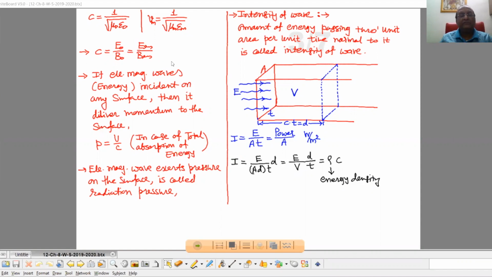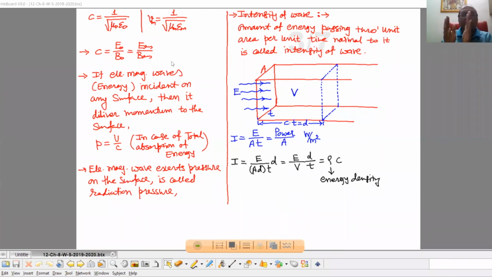Clear? Now, if an electromagnetic wave is incident on any surface, after all, an electromagnetic wave is nothing but energy. Suppose the entire energy incident on the surface is absorbed, meaning reflection is zero.